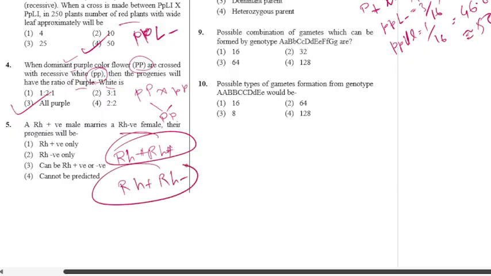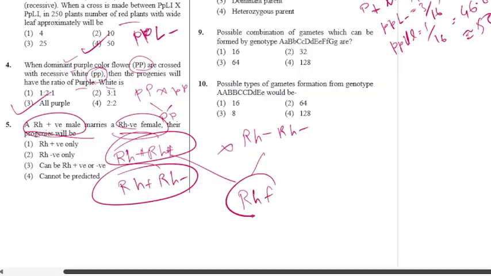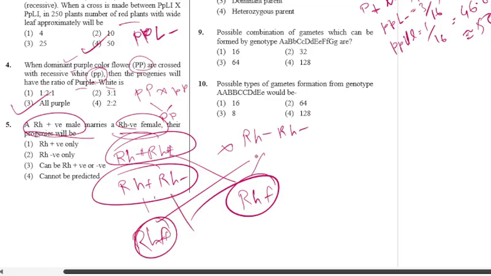These two kinds of genotype could be possible for the Rh positive male, and if it is Rh negative, then it could be only Rh negative Rh negative. In the first case, all the progeny will be Rh positive phenotype. But in the other case, we could find Rh positive phenotype as well as Rh negative phenotype. So it can be Rh positive or negative. Option 3 is the correct answer.